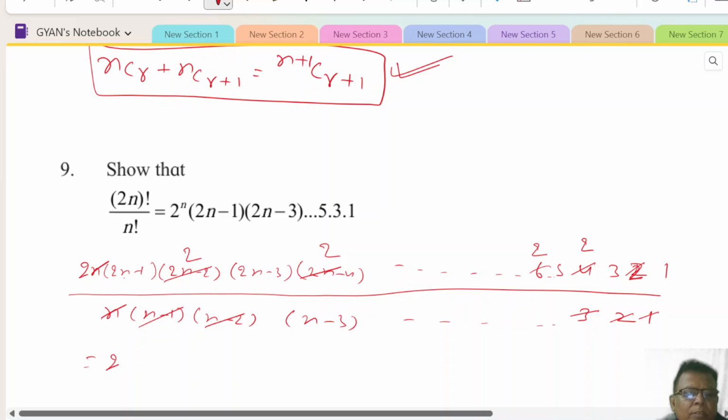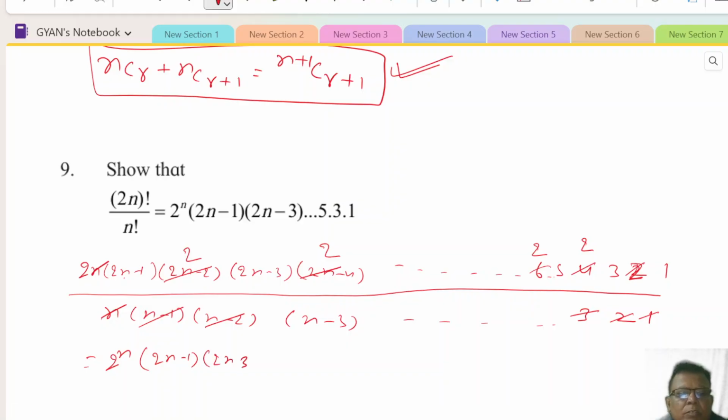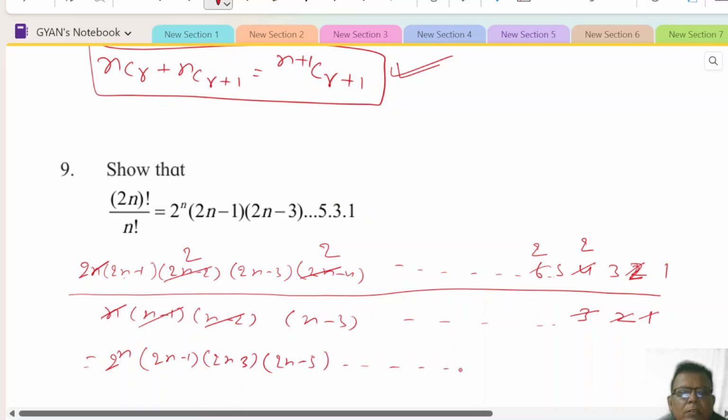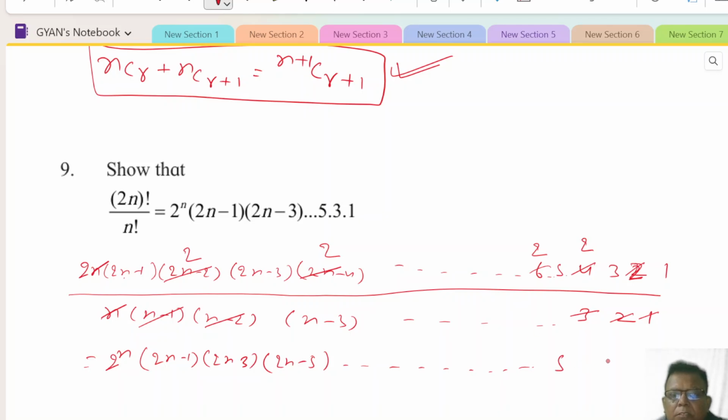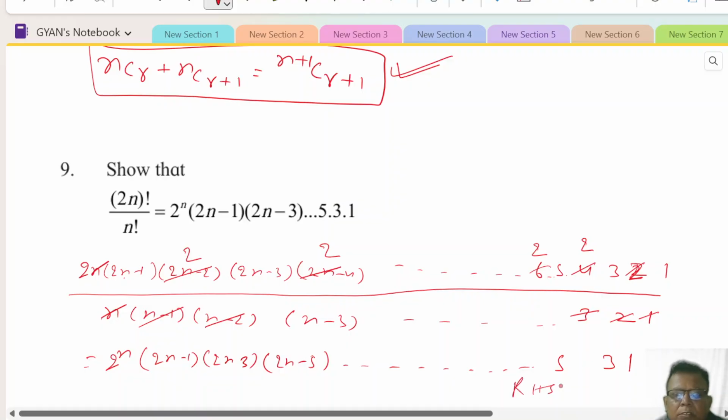So 2 to the power n, and the remaining 2n minus 1, 2n minus 3, 2n minus 5, down to 3, 1. This is the RHS. Proved.